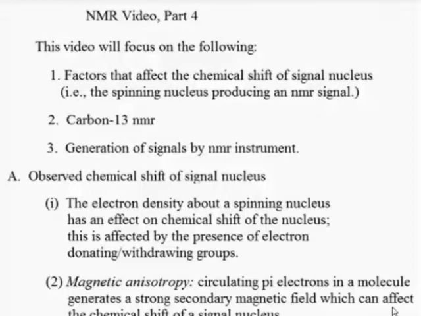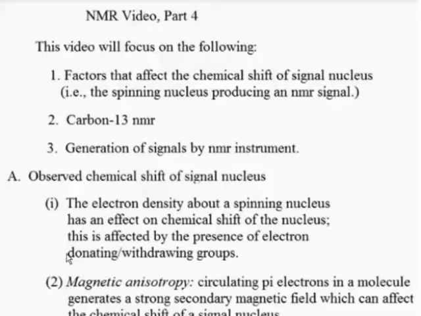An inductive electron withdrawing group lowers the density of the electron cloud about a spinning nucleus, an effect that ultimately shifts the NMR signal of the spinning nucleus to the left, that is, increasing the chemical shift, the delta value of the signal. An inductive electron donating group has an opposite effect, shifting the NMR signal to the right, decreasing the delta value.